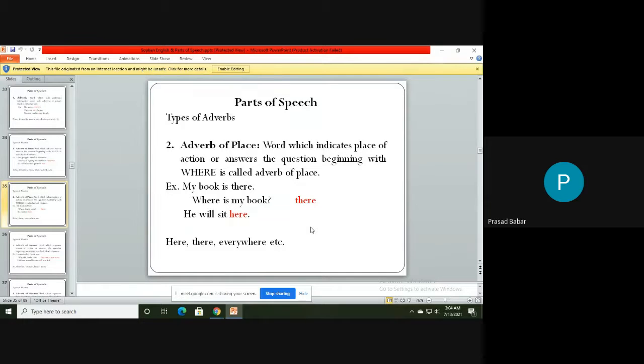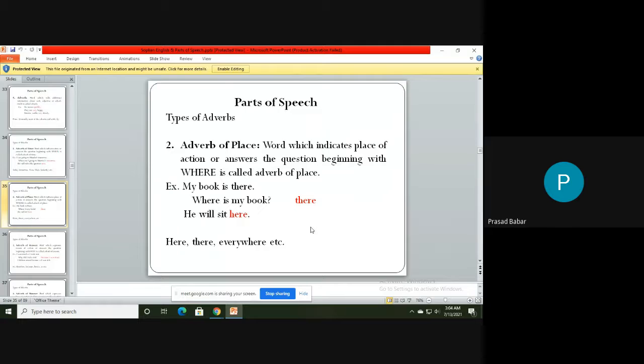So the word which indicates place of action or answers the question beginning with where is called an adverb of place. So what is the example?